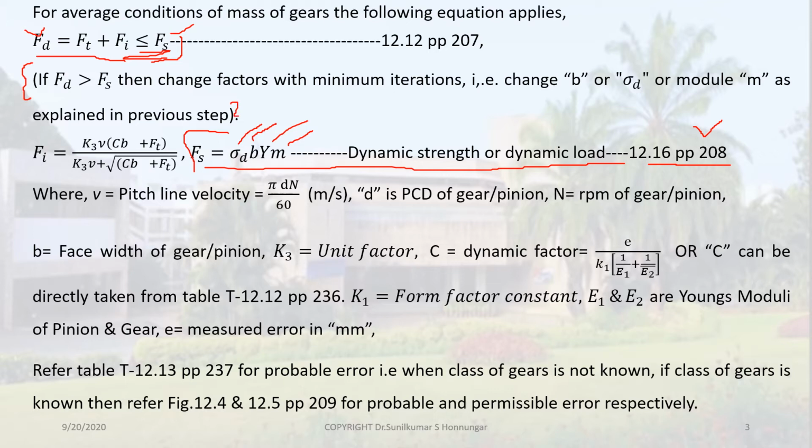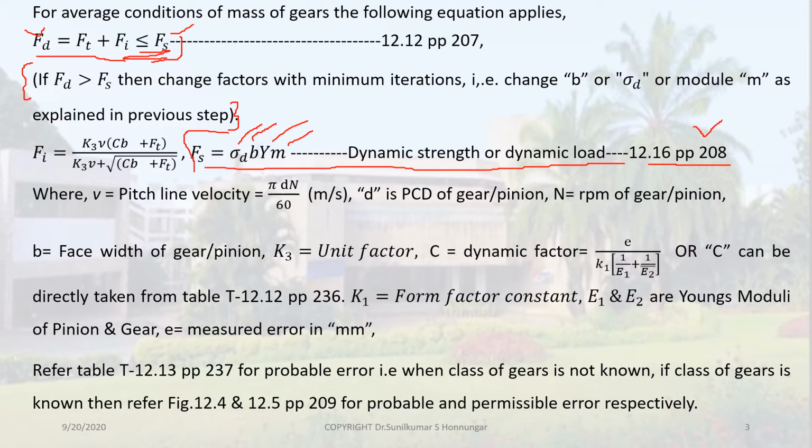I think it is the same as what you have done previously. If FD is greater than Fs, then change factors with minimum iterations. Remember that minimum iterations means don't go on changing everything, just change one particular value which you can quickly do, and then ultimately satisfy the condition.